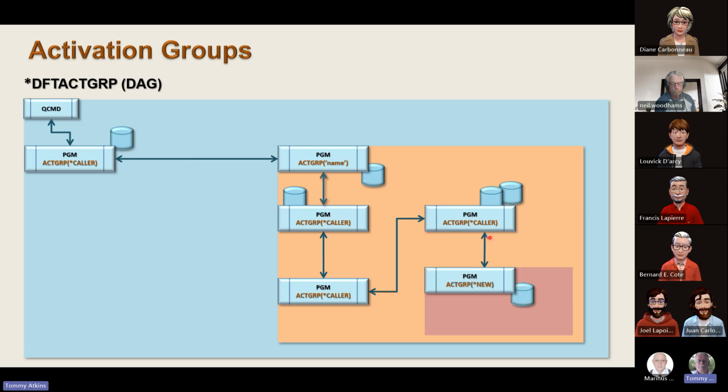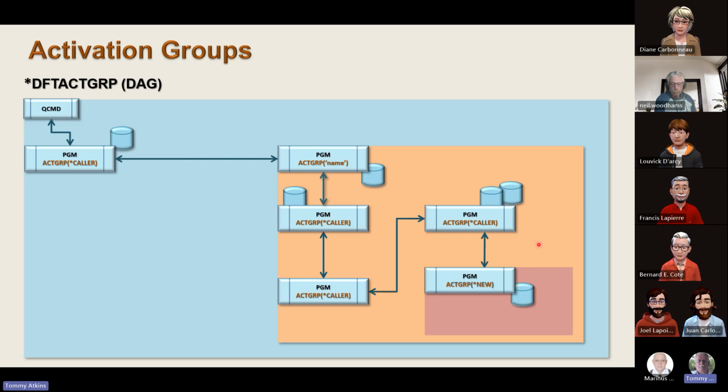We call from there to another program which has a new activation group, so that opens a new activation group inside this named activation group. And I haven't been able to find any statement by IBM anywhere that tells me how deep I can nest activation groups.